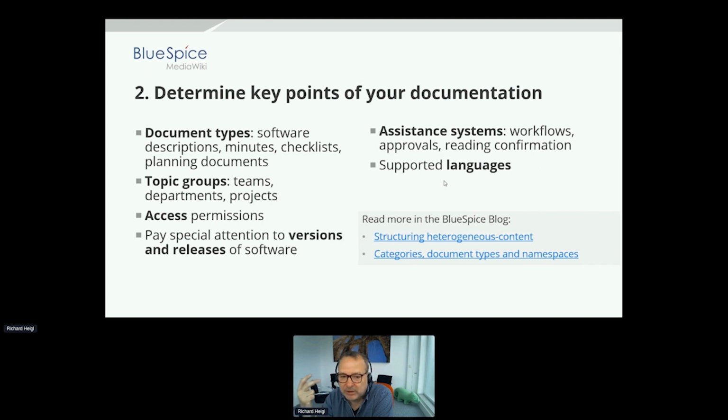Maybe we have internal minutes, maybe checklists, maybe planning documents, but maybe there are also some portal pages needed. It's not only software descriptions; there we get introductions into a certain field, like, okay, we talk about container, what is meant by container, or what different meanings of container do we have, and how do we address this? So one thing you should think about and consider is, what document types do I have, and make a list of this.